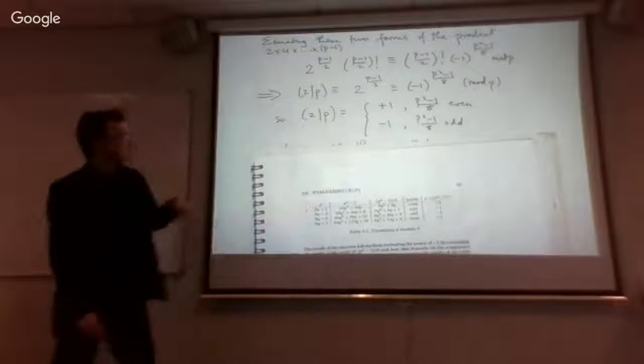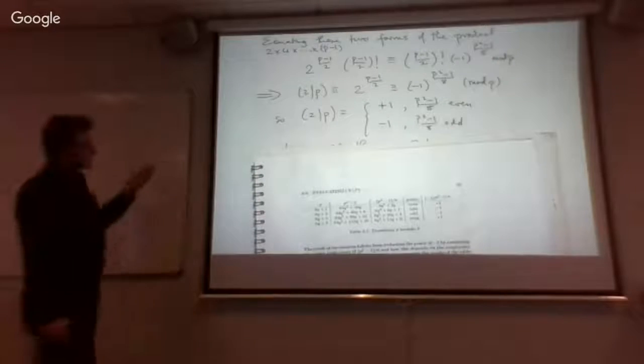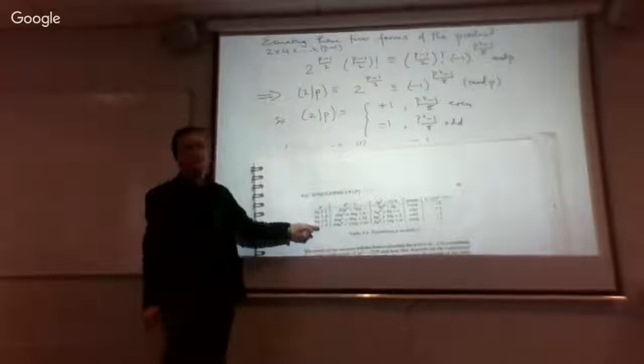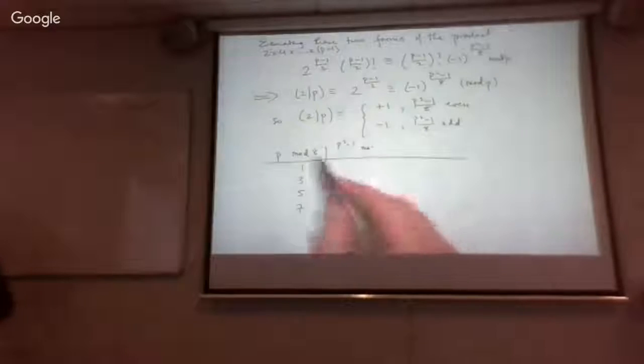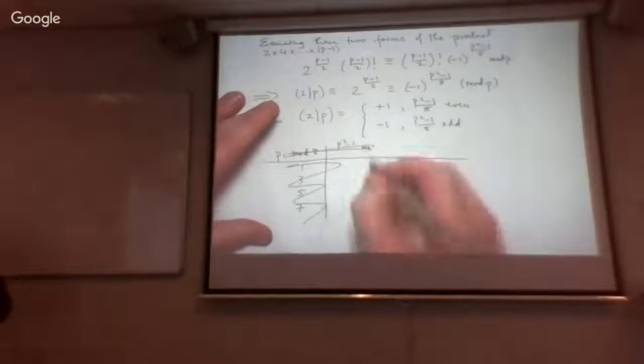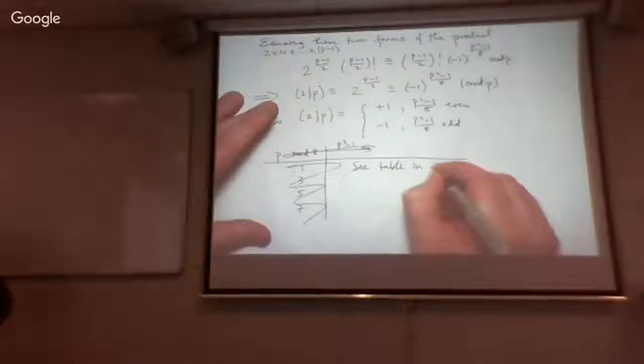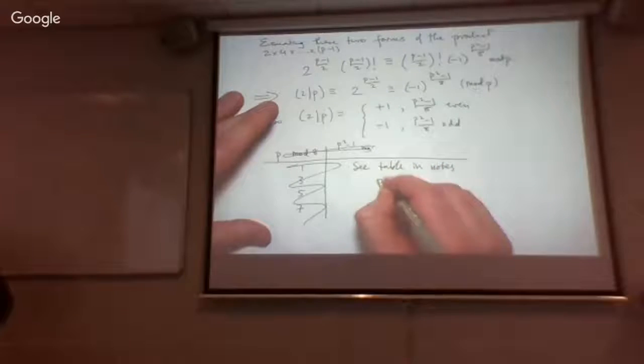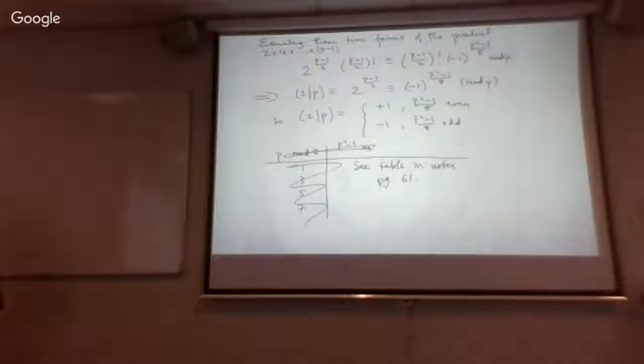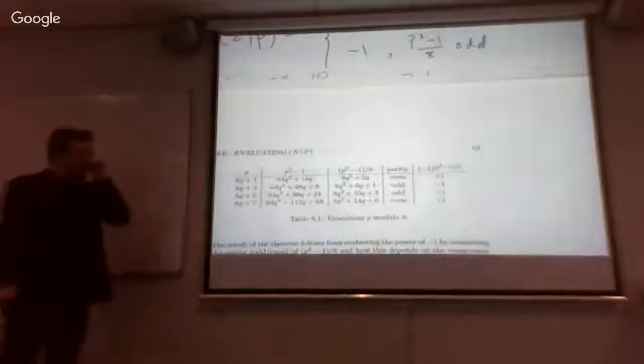First of all, we consider p modulo 8. So let's look at the table in the notes, page 61. This is the table I'm talking about.